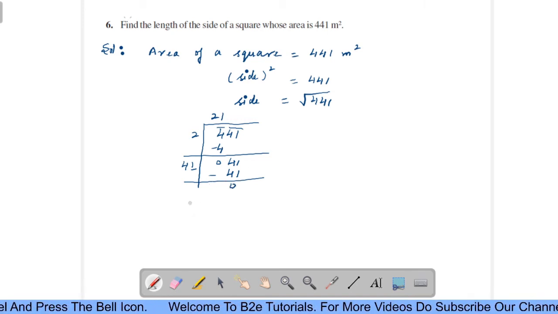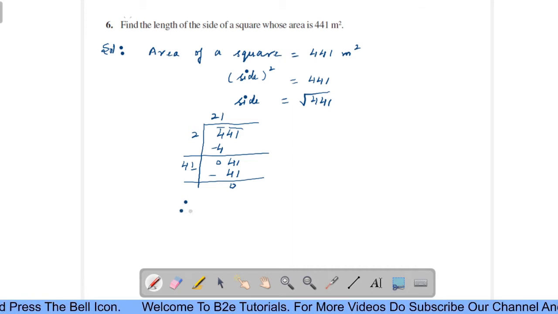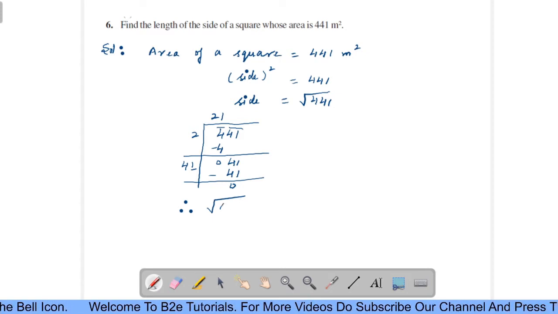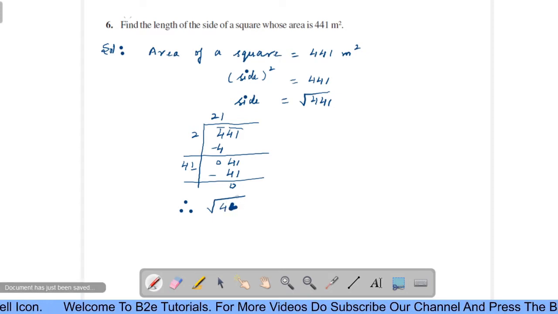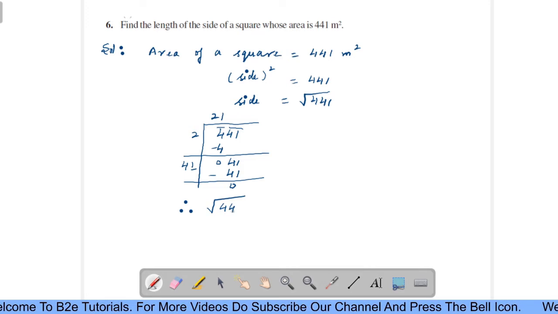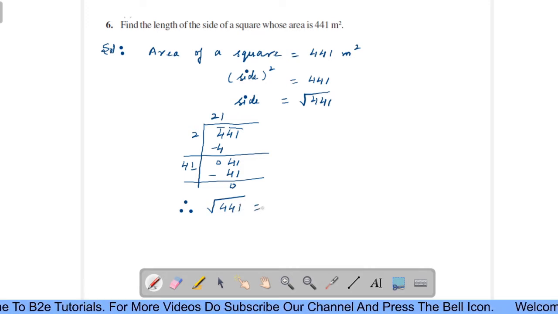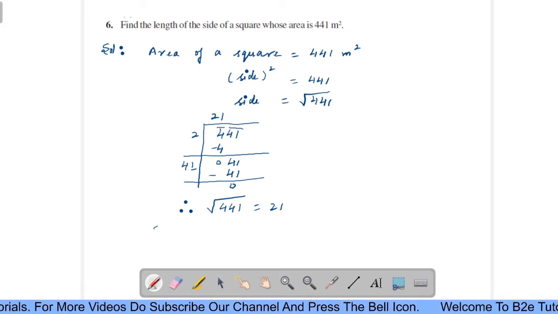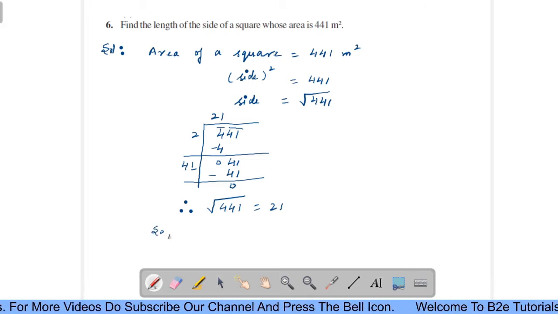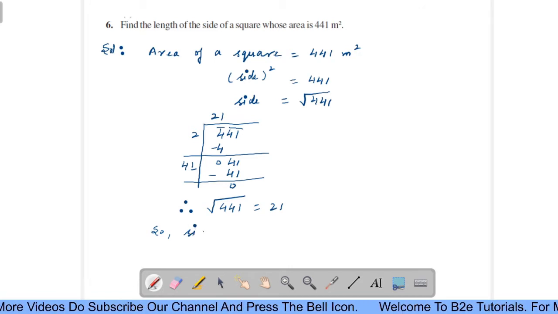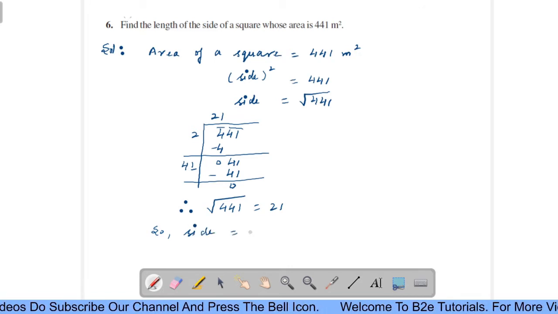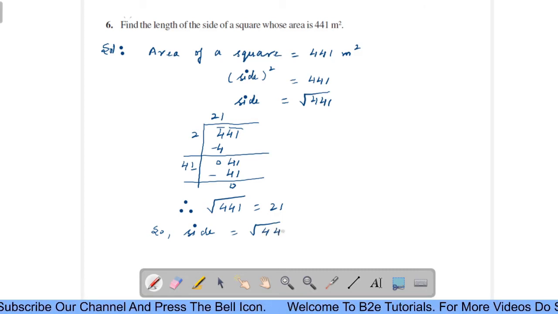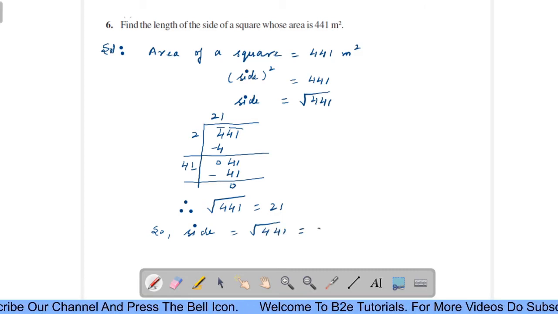Therefore, the square root of 441 equals 21. So side equals the square root of 441, that is 21.